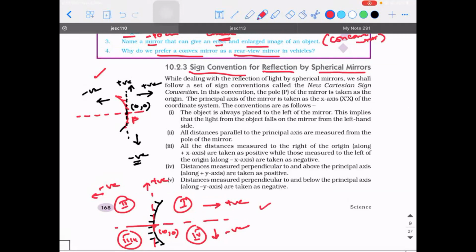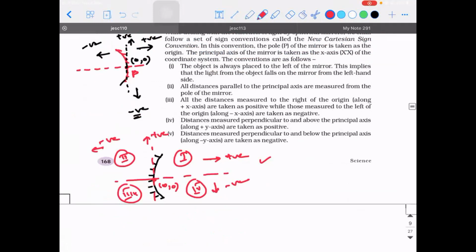So when I say object distance is taken as negative, you always need to ensure that the reflecting surface is always on the left hand side. The same logic applies to a convex mirror also. You need to ensure that the object is always kept on the left hand side. Is that clear? That is one important point to keep in mind.